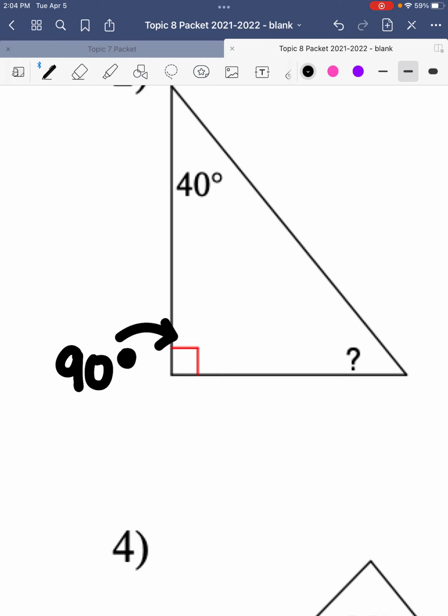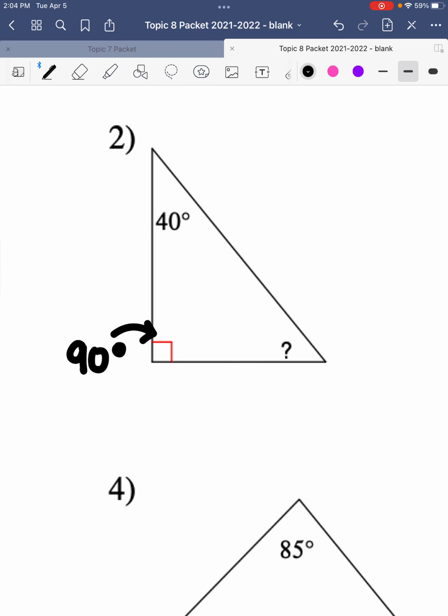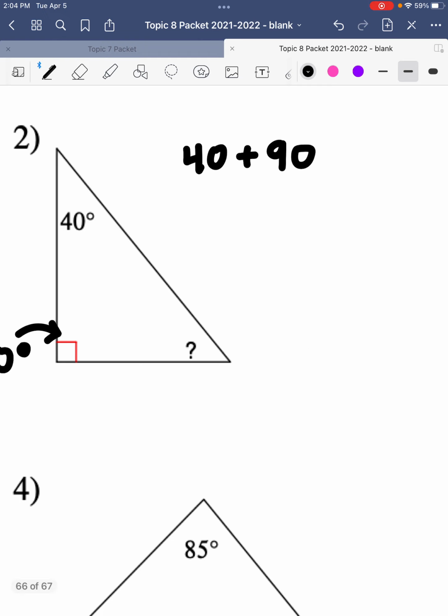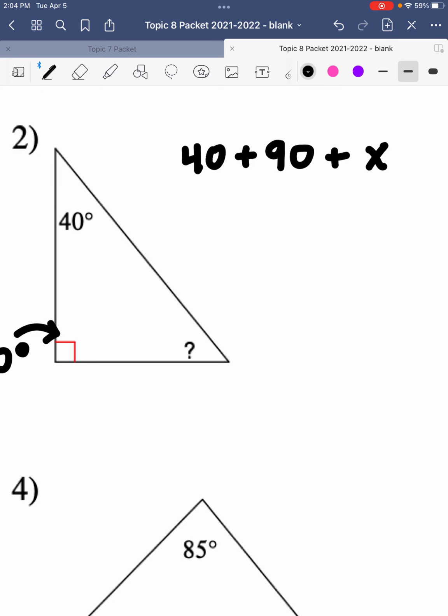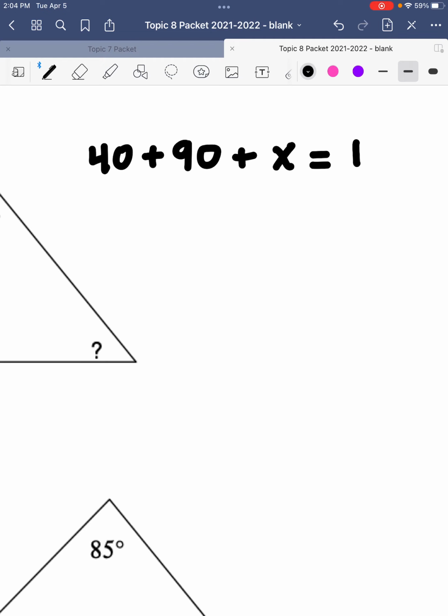So I actually have two angles that are known and only one that is unknown. So the way I'll set this up is the same way I set up number 1. I'll start with the known angles, so 40 plus 90 plus, and I can use any variable to represent the angle that's unknown. I'll use x, and all of that together has to add up to equal 180 degrees.